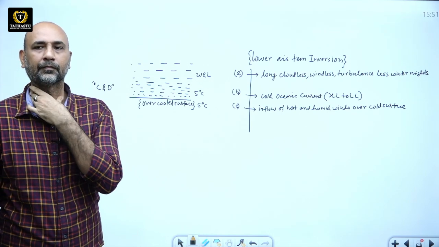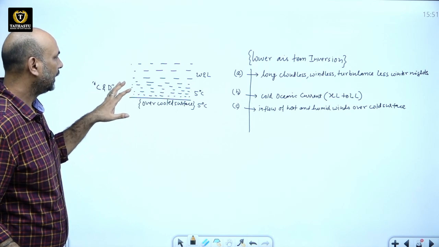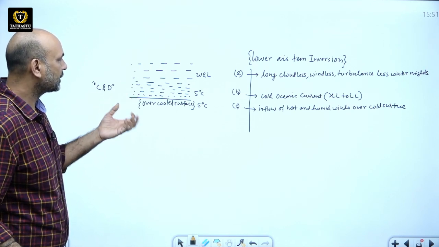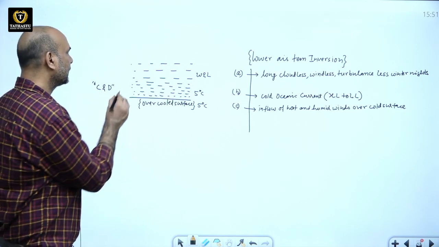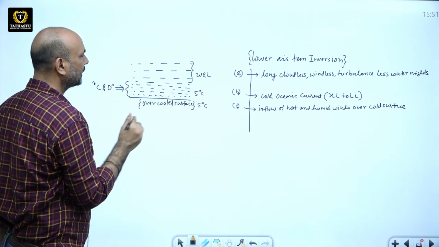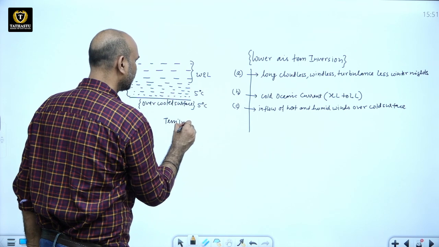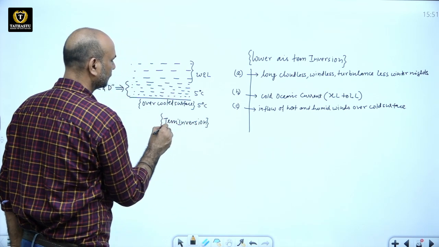Getting this? So air close and in contact with the overcooled surface gets colder and denser, whereas air above remains warmer and lighter. This is the situation in which temperature inversion is produced.